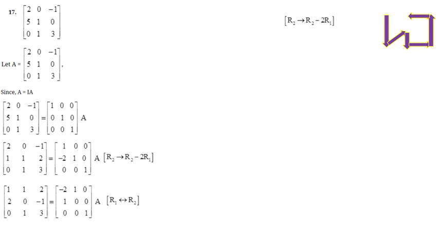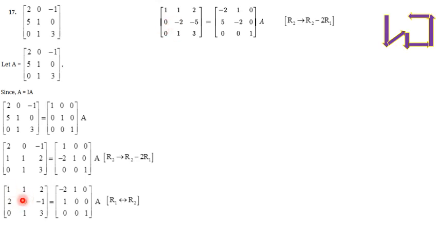Now move on to the next transformation, that is R2 changes to R2 minus 2R1. After doing the transformation, R1 remains the same, 1, 1, 2. And R2 changes to R2 minus 2R1. That is 2 minus 2 into 1, which is 0.